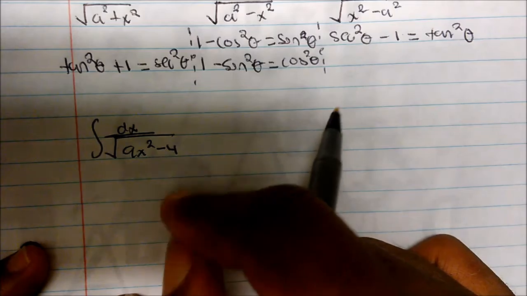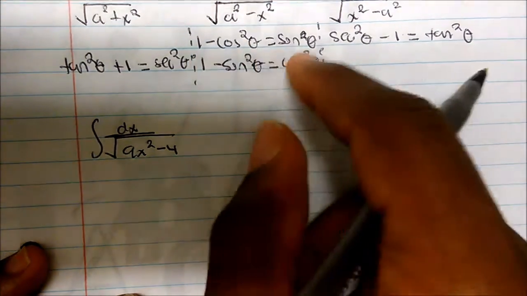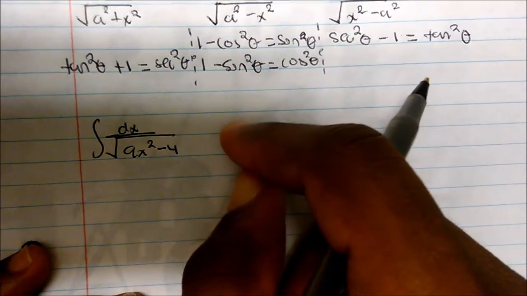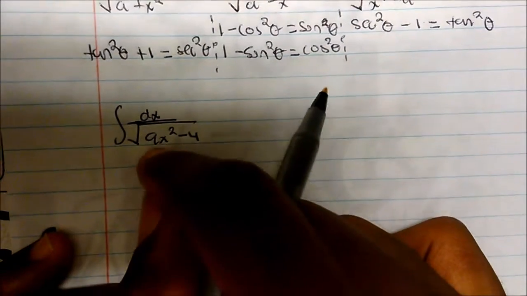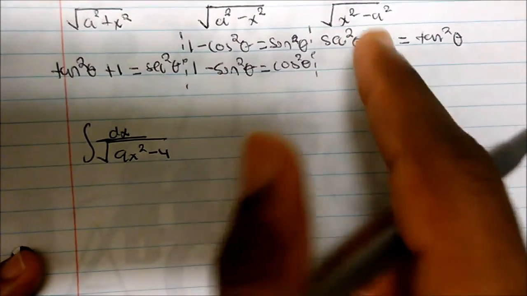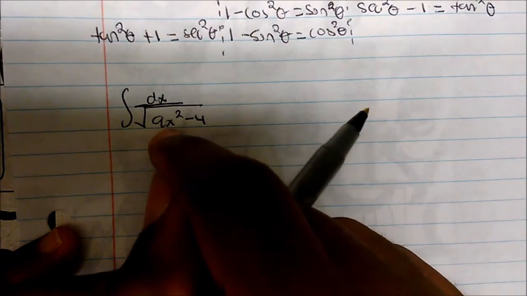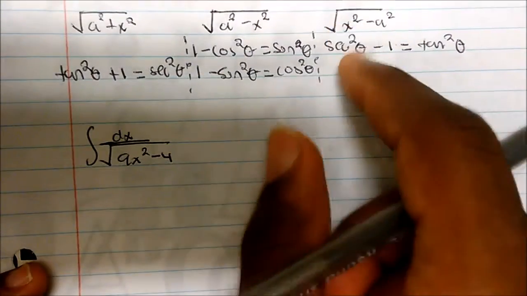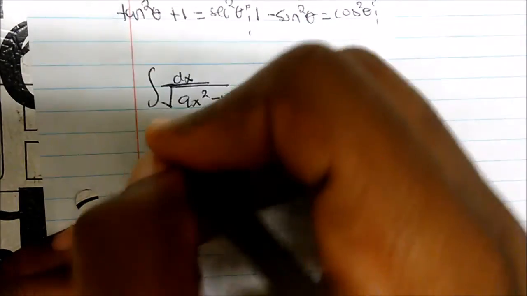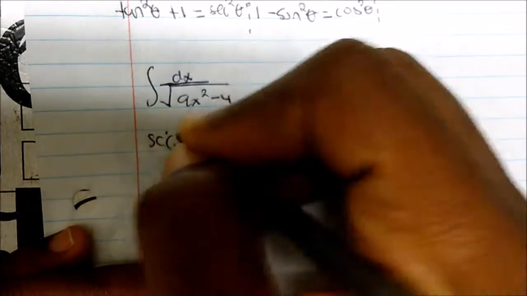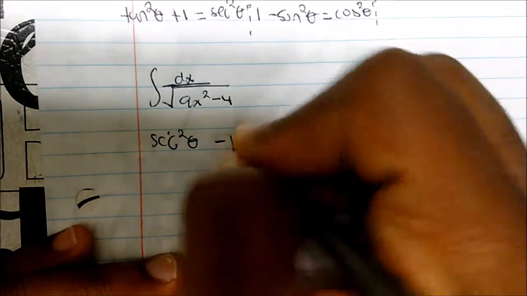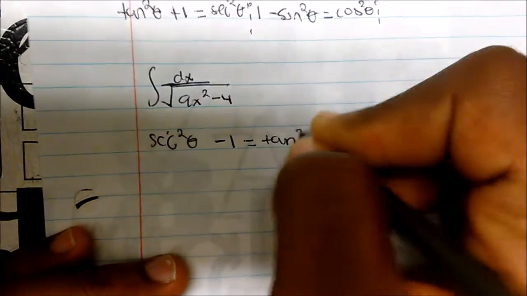Because we have some variable x squared minus a number, the identity that maps to this is actually secant. So we could use secant squared of theta minus 1, and that is equal to tangent squared of theta, okay?